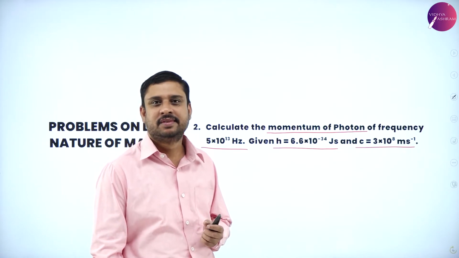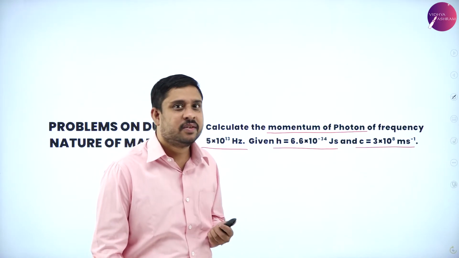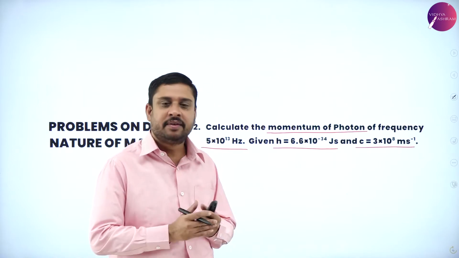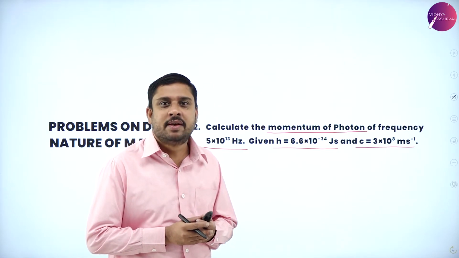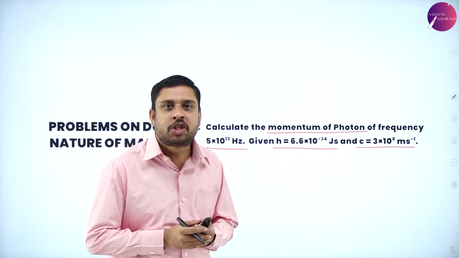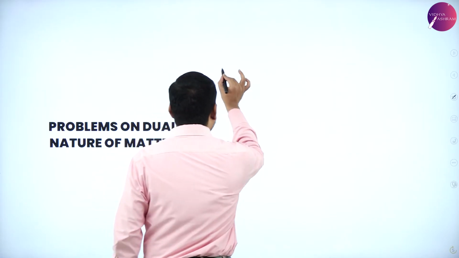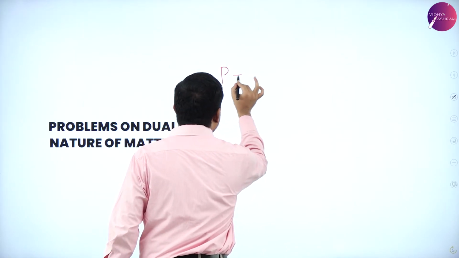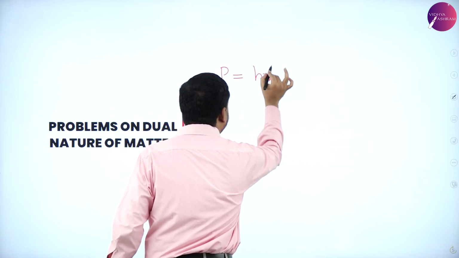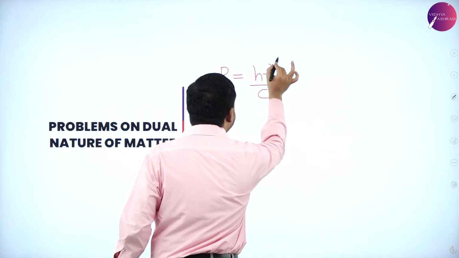Momentum. Momentum of what? Photon. So students, when we mentioned the properties of a photon, we have clearly written an expression for its momentum, where we told momentum of the photon is h nu by c.